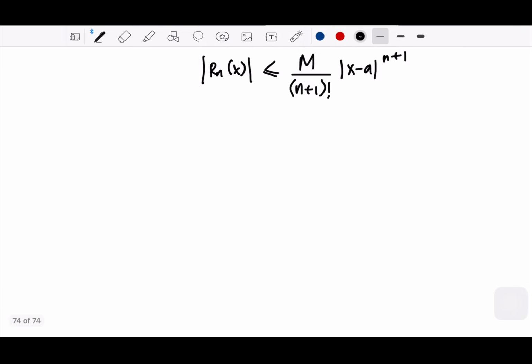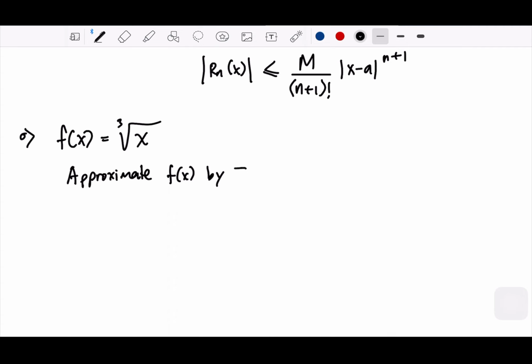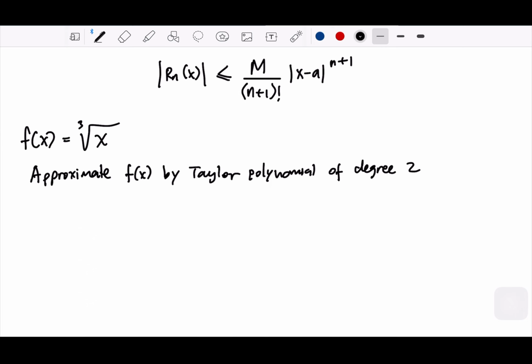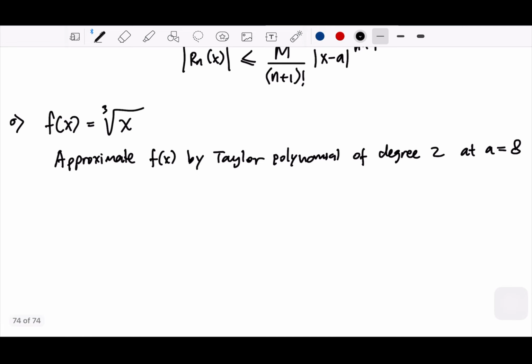Okay, for example, we have the function f(x) equals the cubic root of x. Approximate f(x) by the Taylor polynomial of degree 2, which means the quadratic, at a equals 8.